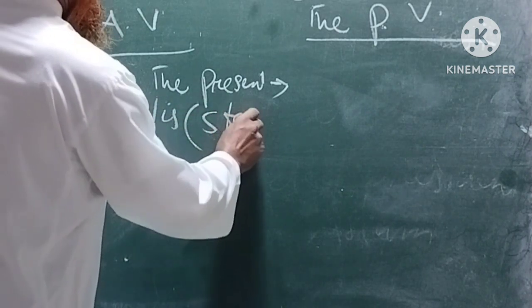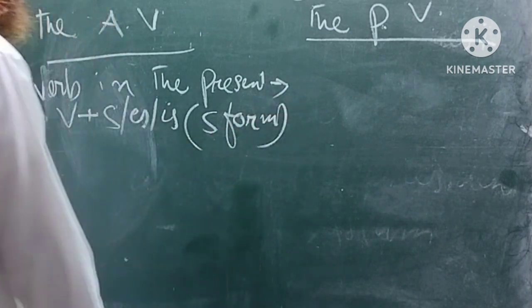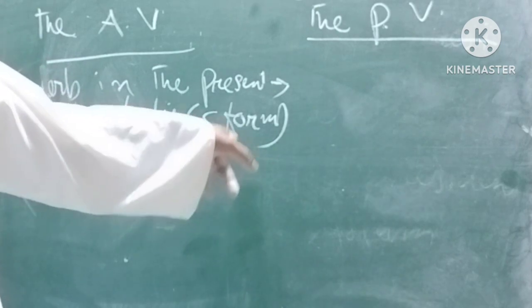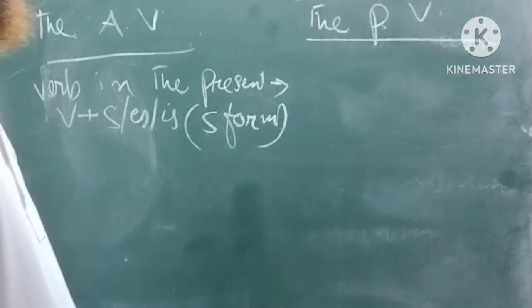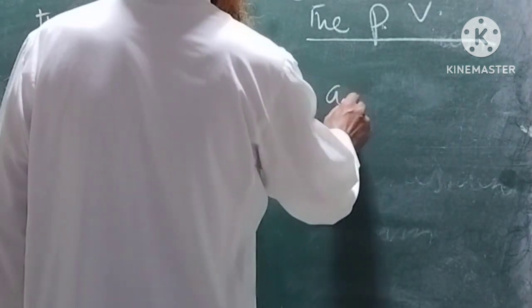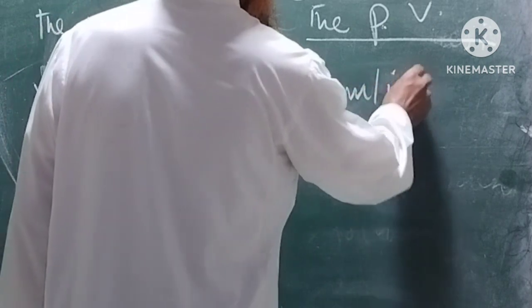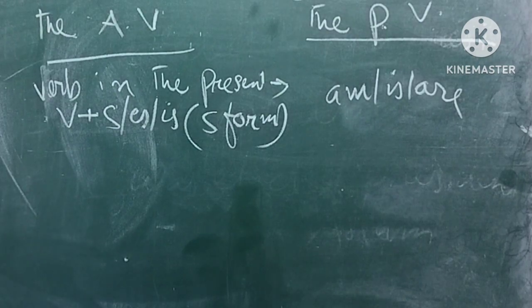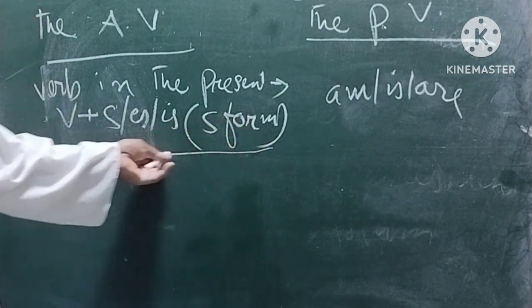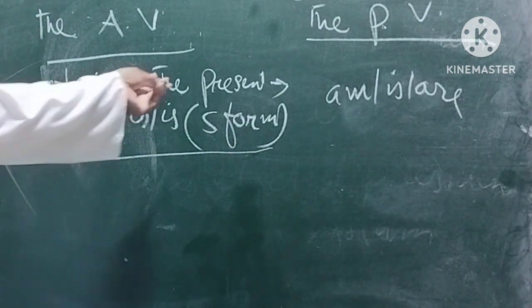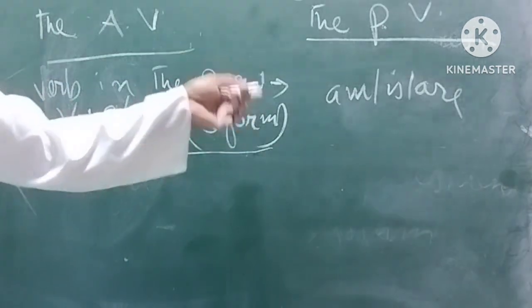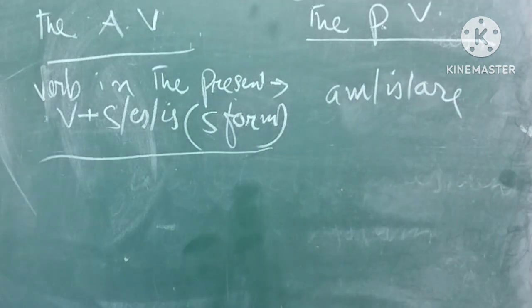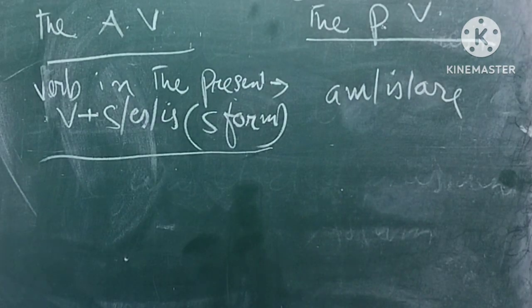You can say s form in short. Verb in the present or verb in the s form, then the be verb will come: am, is, are. I am giving an example.